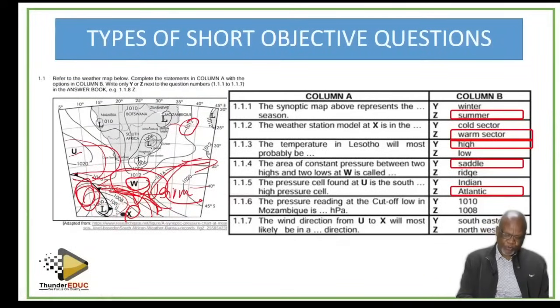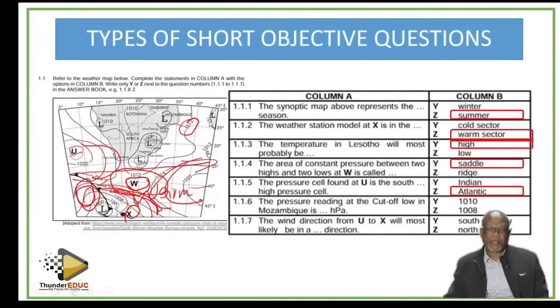When you move away from U, you're moving outwards, the pressure will increase because this is a center of higher pressure. So it's 1020, it will be 1024. So it will increase like that when you move away from high pressure. But you must know it will increase by 4 millibars or 4 hectopascals. So what is the correct answer there? It is 1008.